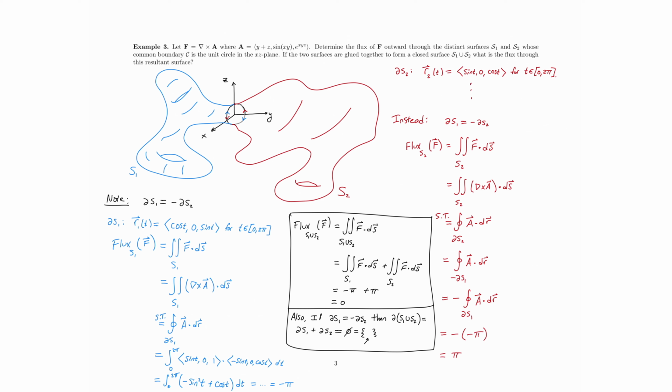It's the empty set. So this means that the flux of F over this union surface is the double integral over S1 union S2 of F dot dS.